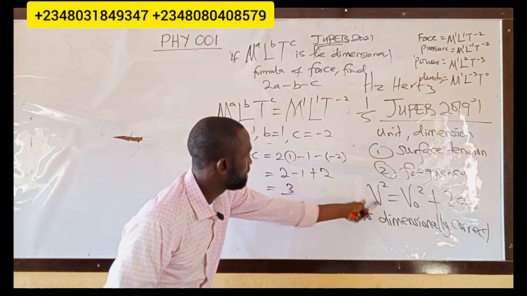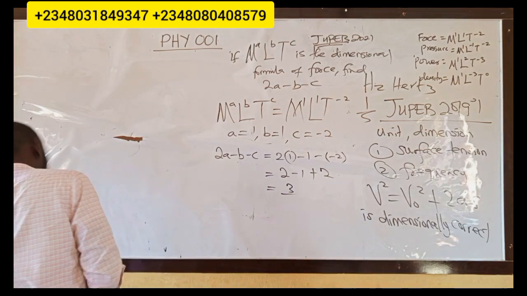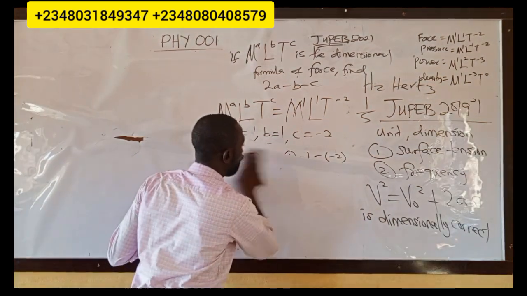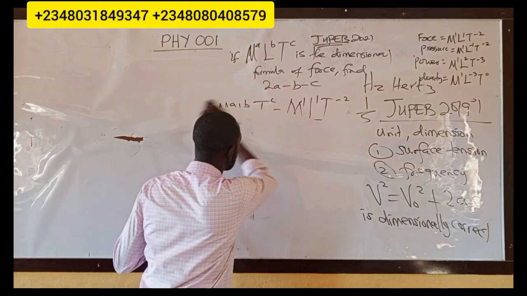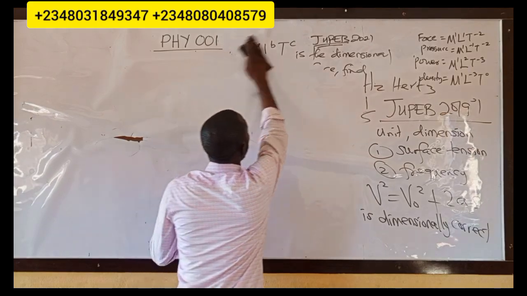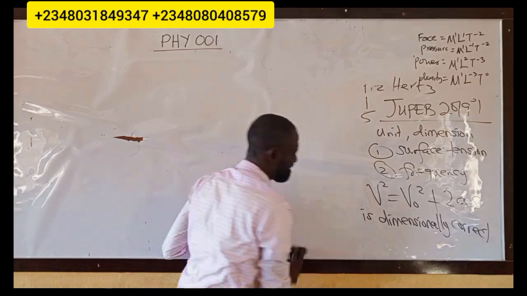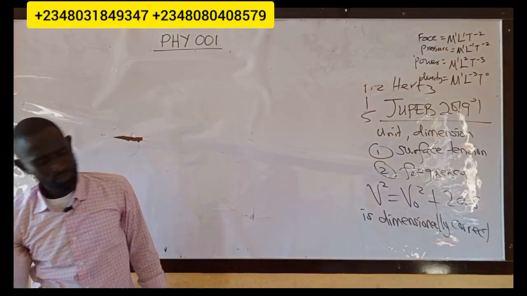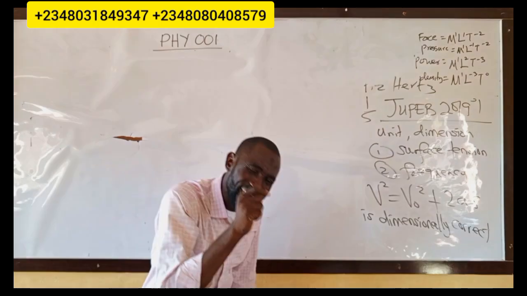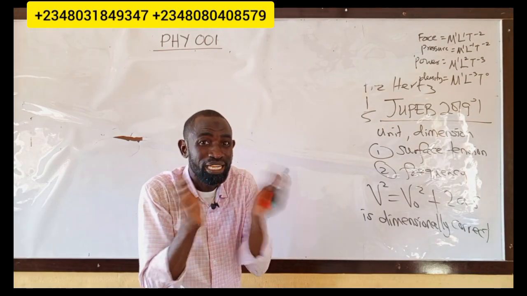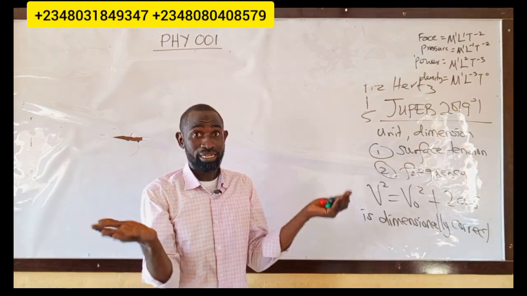Are you with me? So let's go to this. I want to use dimension to determine whether this equation is correct or not. In dimension, you can only add or combine quantities that are similar, so once you add them together, they are the same.